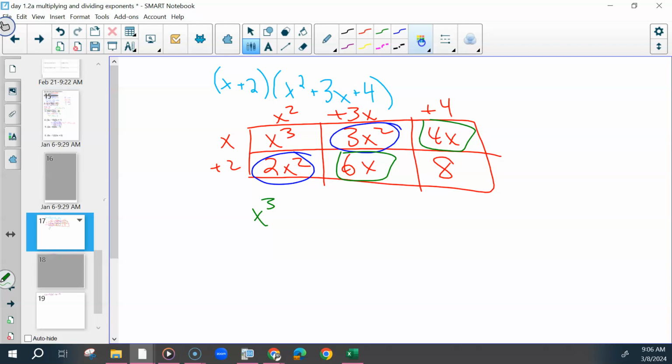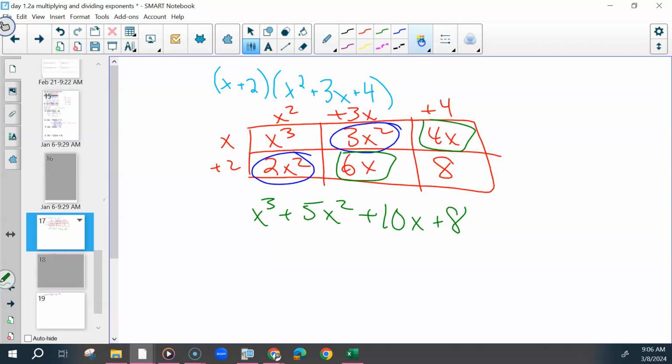Plus 5x squared. Plus 10x. Plus 8. So when you have a binomial times a trinomial, you'll have 4 terms. When you have a binomial times a binomial, you'll have 3 terms.